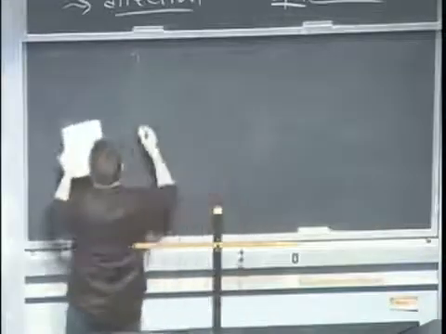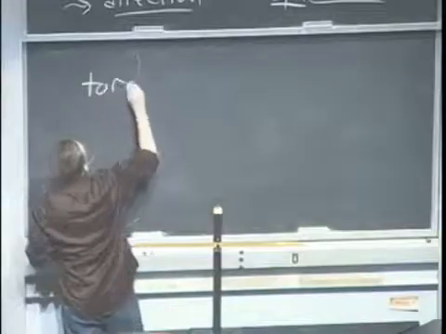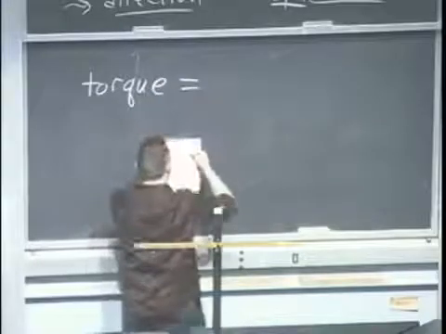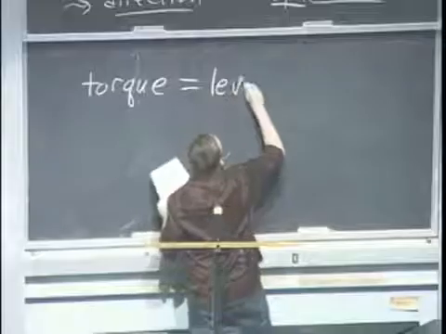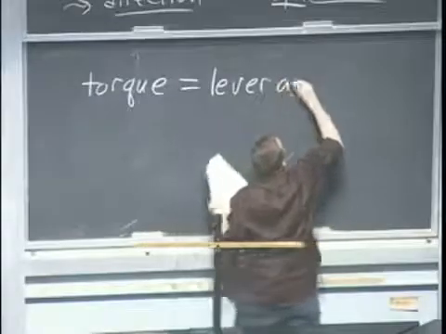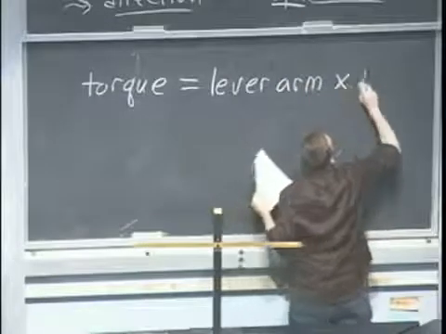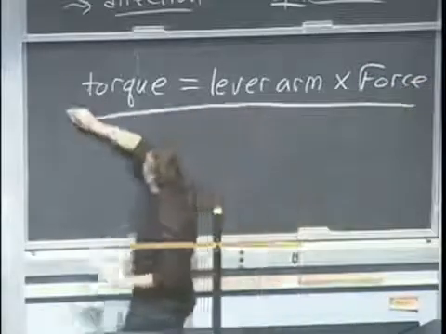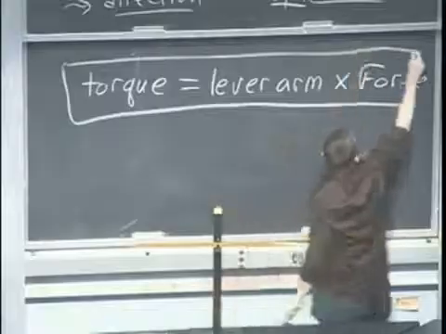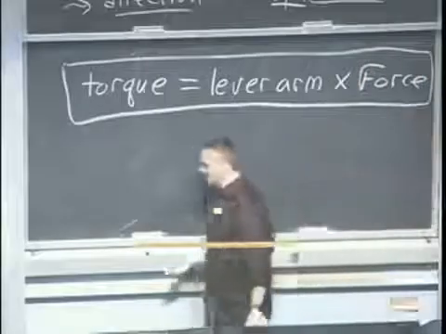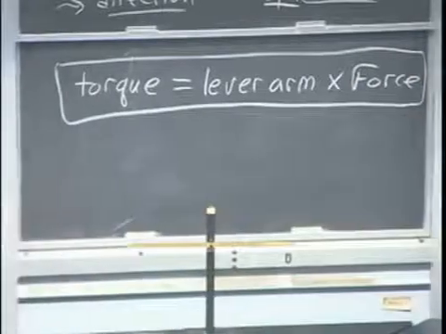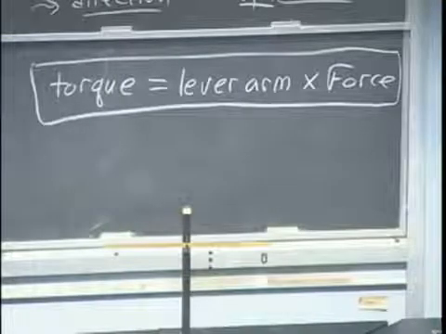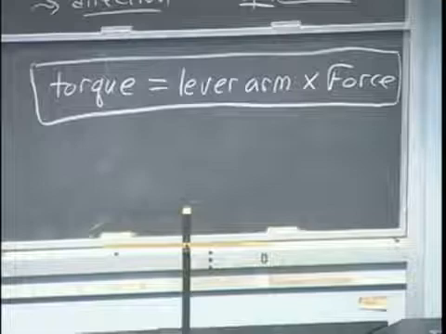So our torque is equal to the lever arm times the force. So if you double the force on one side, you have to halve the lever arm in order to get the same amount of torque, and vice versa.